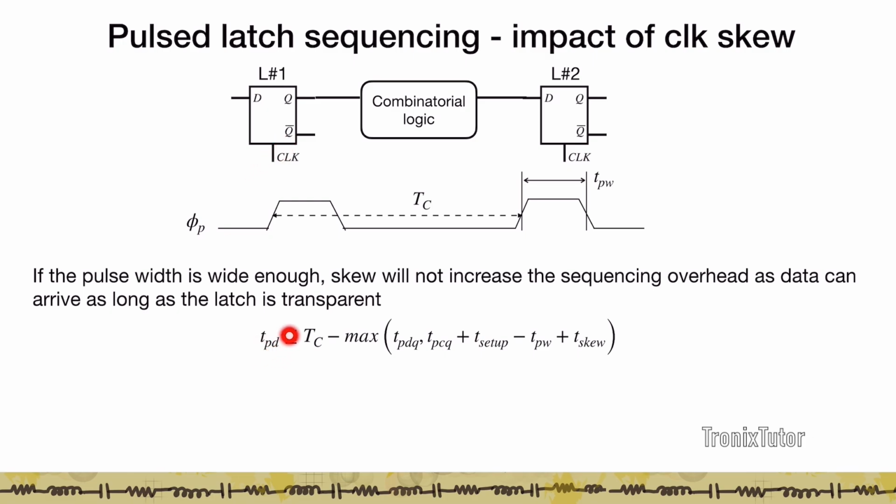So therefore now the propagation delay reduces to the maximum of TPDQ and this particular term. Similarly, you see that the contamination delay is also impacted by the skew, and the contamination delay again increases because of the skew. So the skew is going to reduce your propagation delay, it's going to increase the contamination delay.